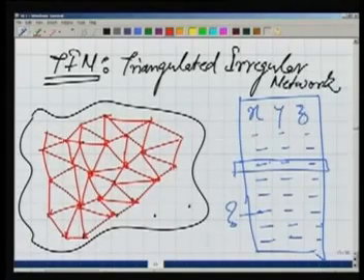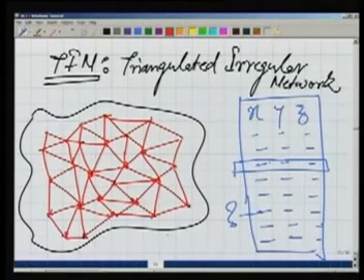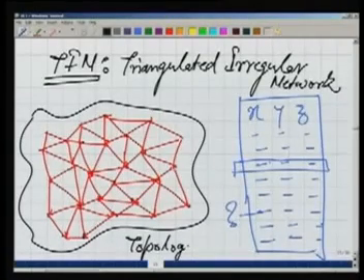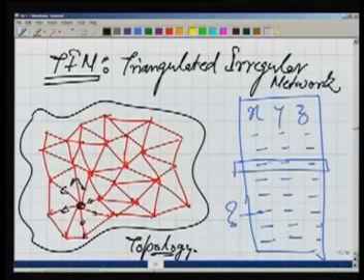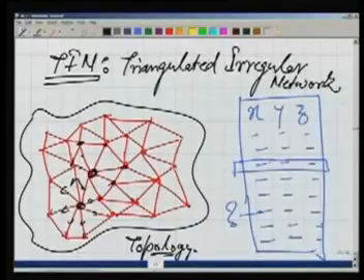Once we have formed a network like this, we also define a term called topology. The meaning is how these points are related. This point is related to these neighboring points. Okay, this point is related to these neighboring points. So how are they related to each other?